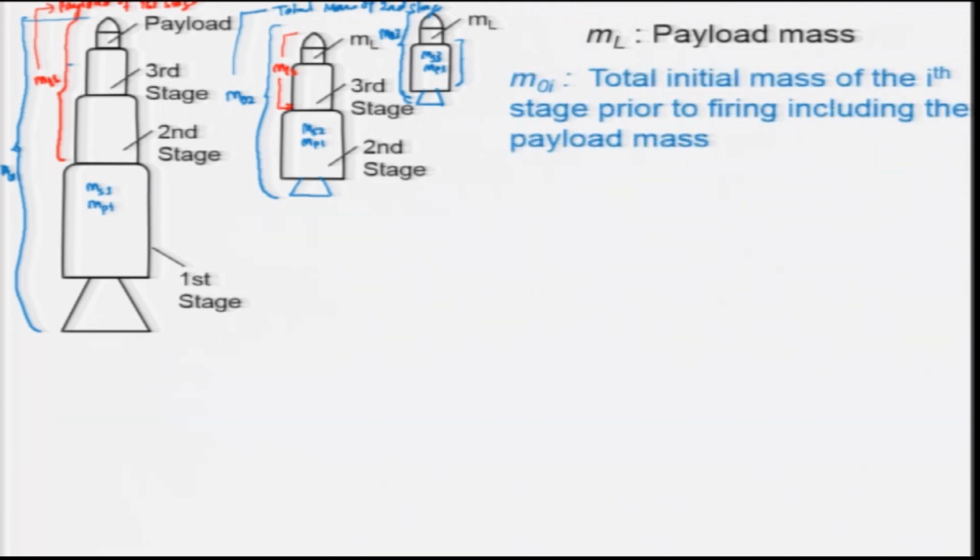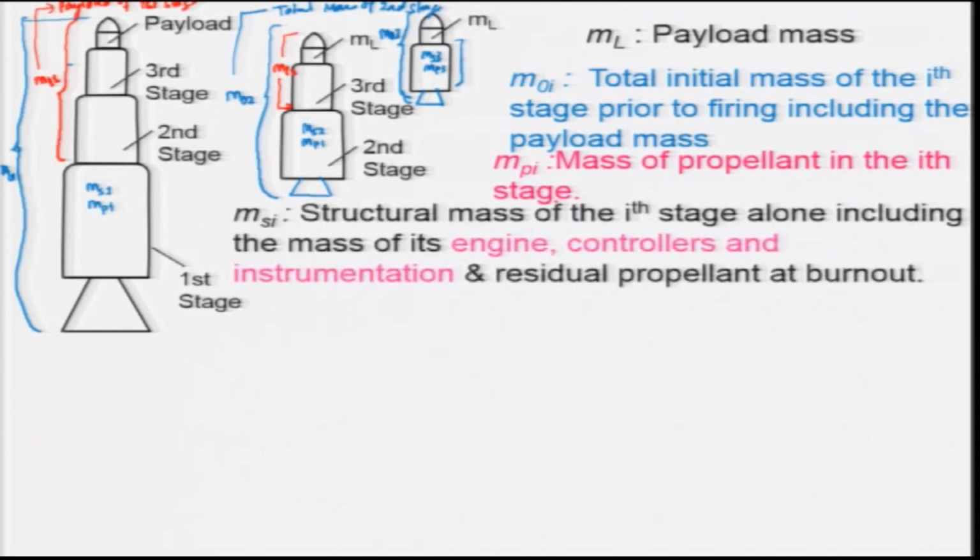And as I told, for the ith stage, m0i is the total initial mass of the ith stage prior to firing, including the payload mass, and mpi is the mass of the propellant in the ith stage, and msi is the structural mass of the ith stage alone, including the mass of the engine, controller, instrumentation and residual propellant at burnout, because at the end of burnout a certain amount of propellant will remain unused.